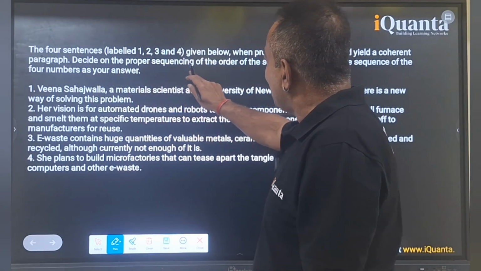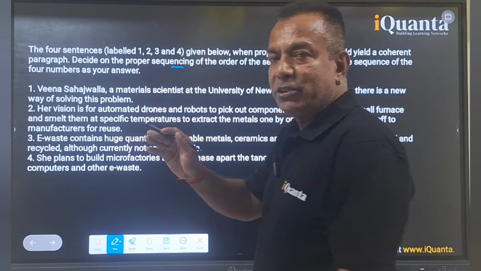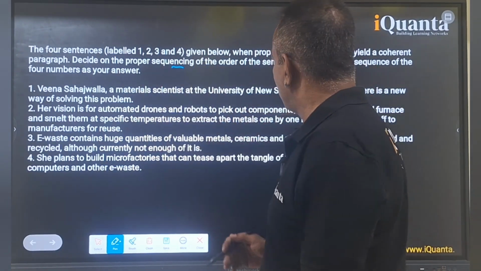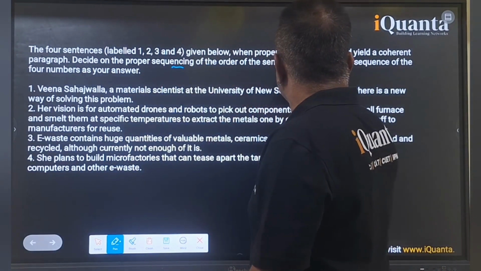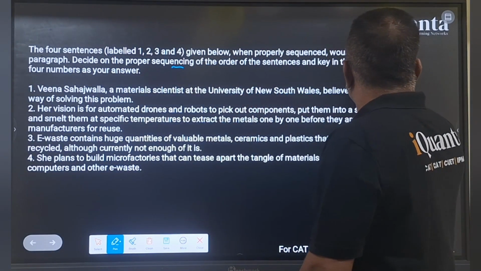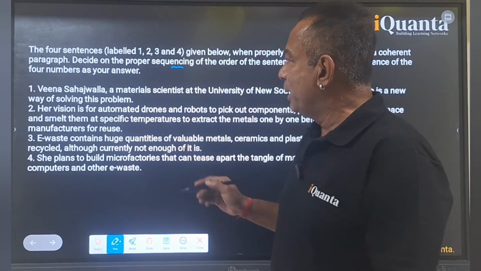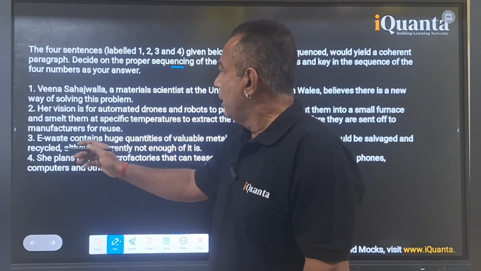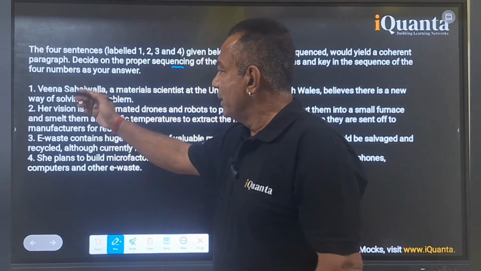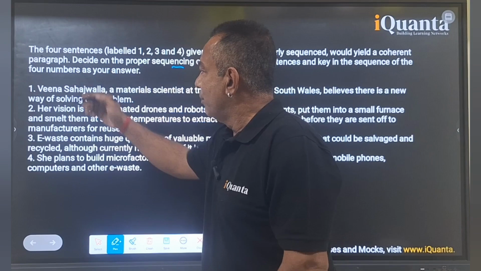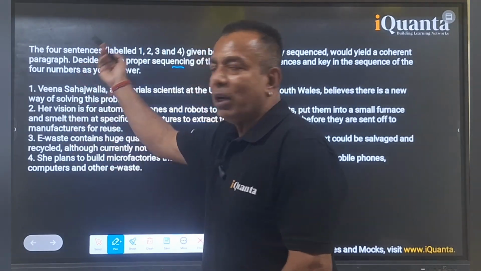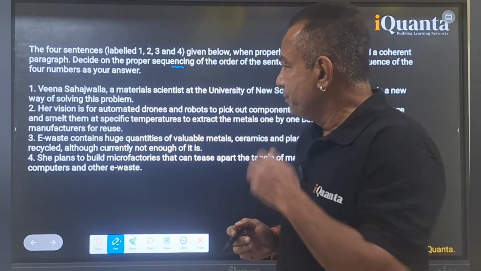Decide on the proper sequencing, as I said, arranging the sentences in an order, and key in the sequence of the 4 numbers as your answer. So you have to answer it like, suppose 2 is number 1, then 4, then 3, and 1, then 2, 4, 3, 1 will be your answer, something like that.